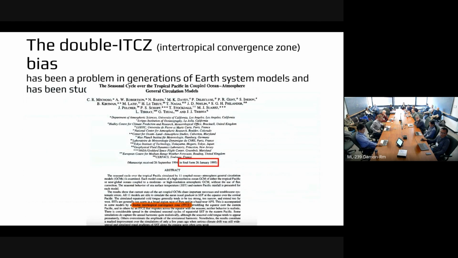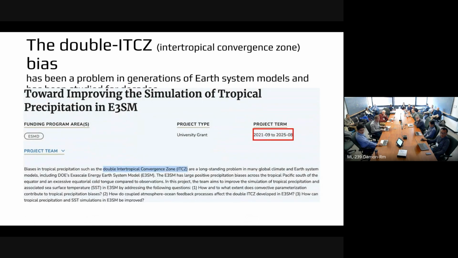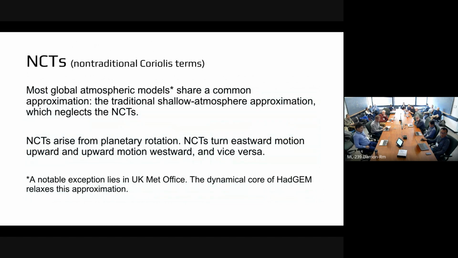These are just examples of studies from 1995 to recent projects. I also mentioned non-traditional Coriolis terms. Most of the global atmospheric models share a common approximation, which is the traditional shallow atmosphere approximation. Using this approximation, we neglect the non-traditional Coriolis terms.